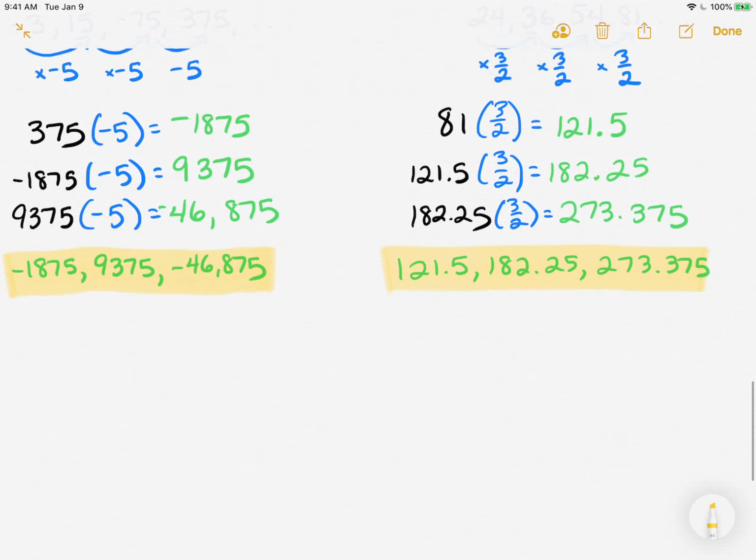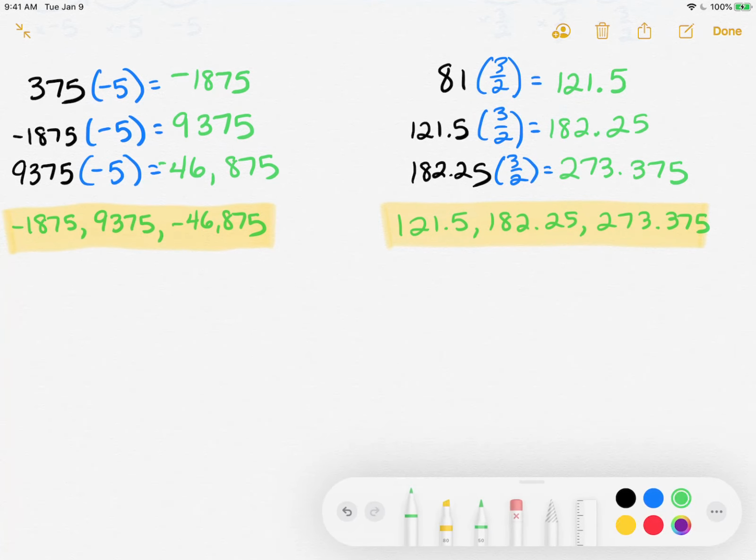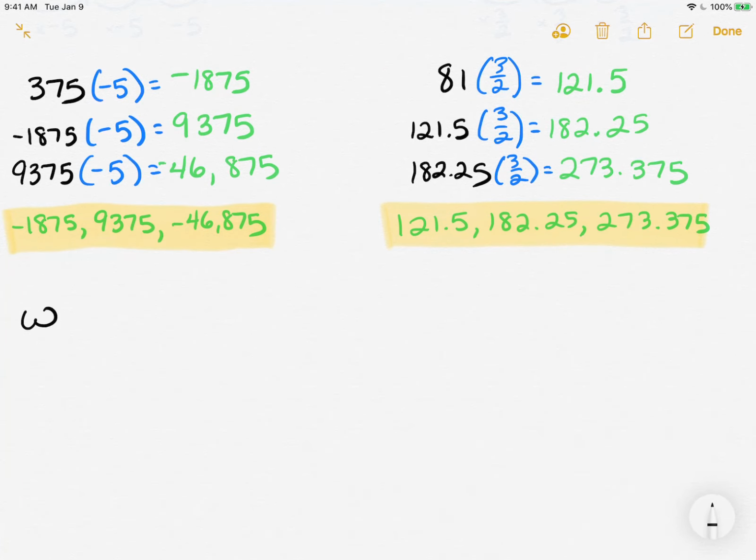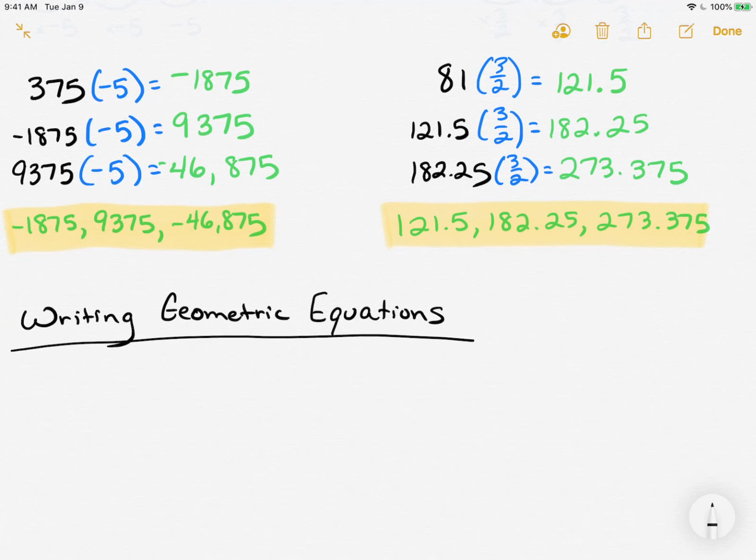And so that is the last thing that we're going to do. Okay, so let me give you a sequence.